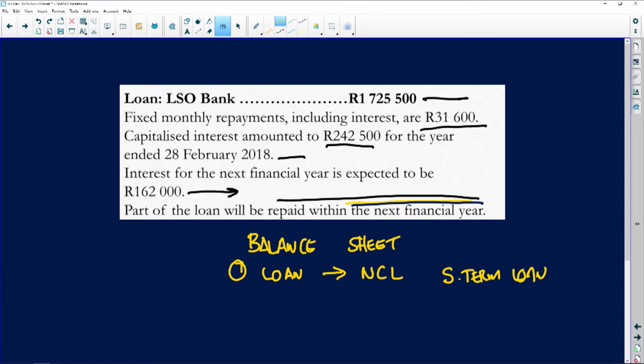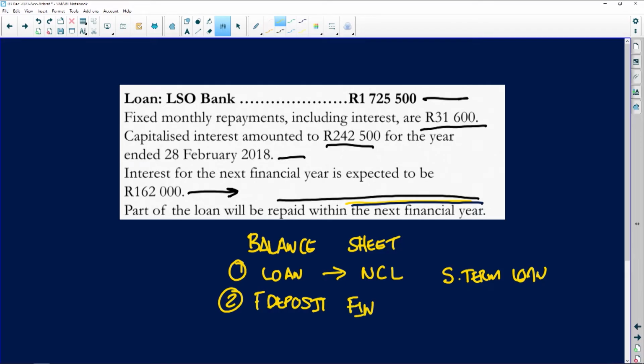The other one I want to bring your attention to is your fixed deposit. What must happen to your fixed deposit? Your fixed deposit has to be broken up as well into two components.